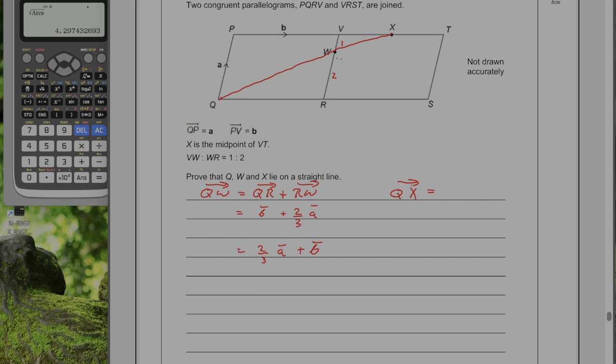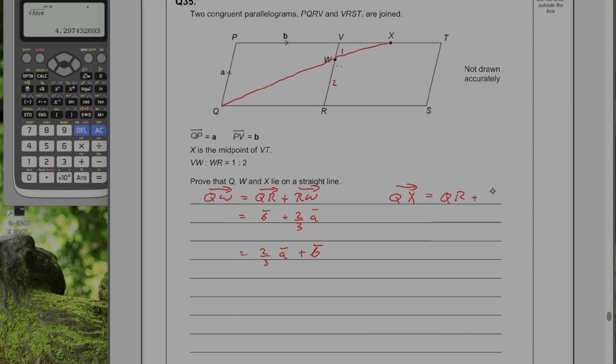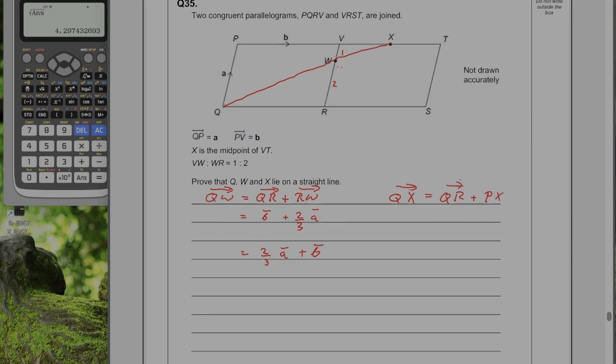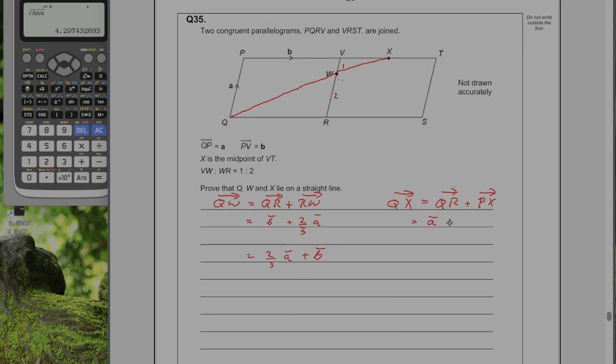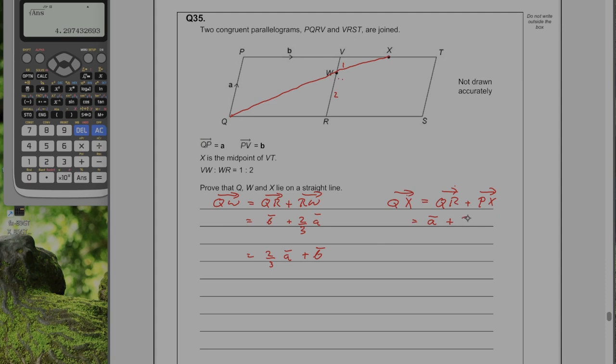So I'm going to say that it is Q to R followed by, I'll go P to X. Right, so Q to R is going to be equal to A, and then P to X is going to be equal to what we said was 1.5, so I'm going to call that 3/2B.